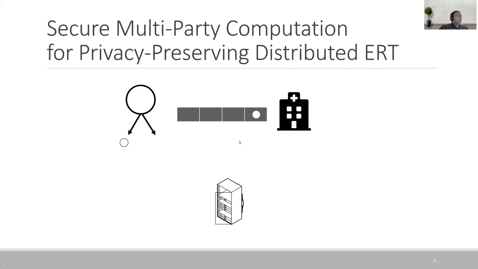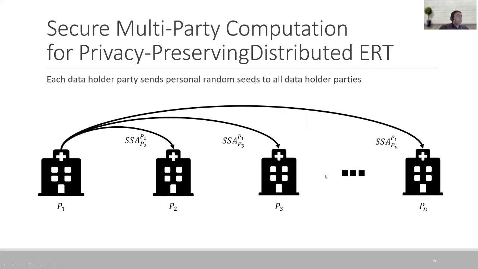So for addressing this, we need to use secure multi-party computation. The first phase for doing the computation is sharing the seeds for the random function. Each party needs to share a unique seed with other parties.